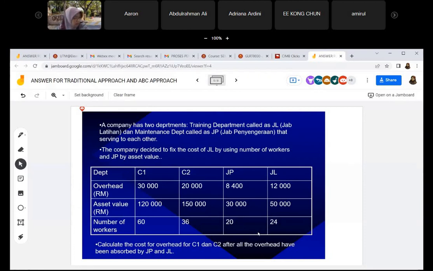Saya tak ada calculator lah. Buat lah, nanti saya check. Cuma saya buat jalan. Mana nak pakai calculator, nak pakai handphone.